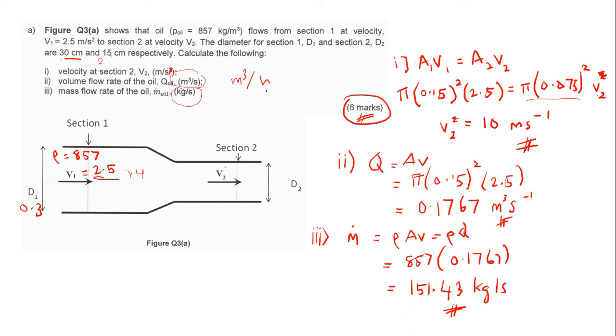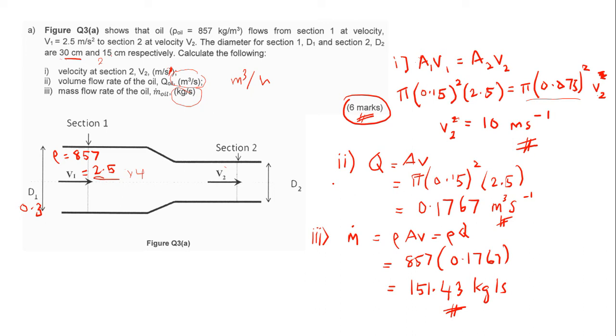So don't forget that, because a lot of people ask me through text, can we give the unit in this, can we give the unit in that? You have to follow the question. If the question asks you to give a certain unit, just follow the question.